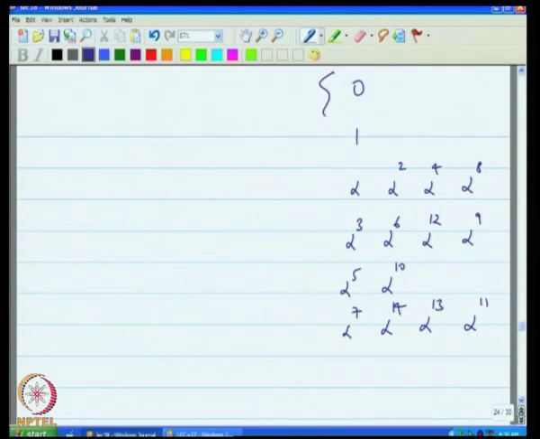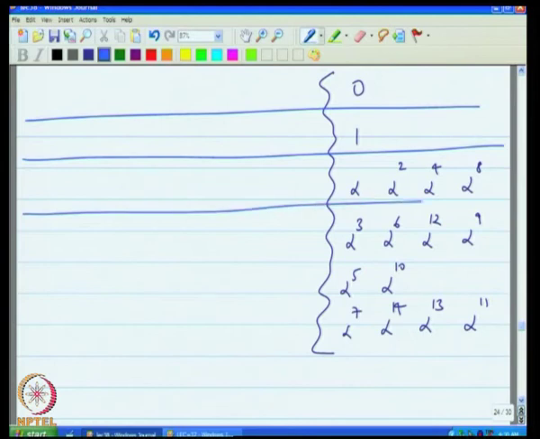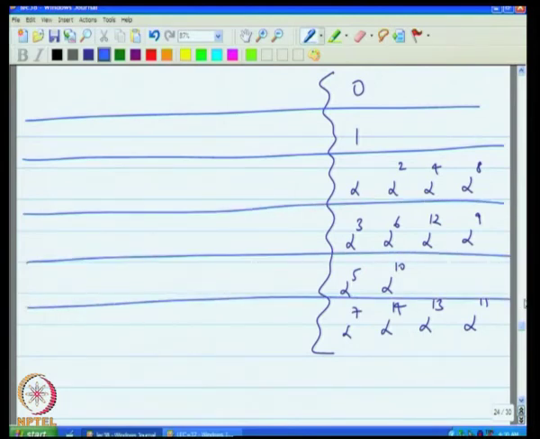So, this is the collection of all elements in the finite field, and at first glance this looks like a rather peculiar way of organizing it. It does not seem to have any structure, but we will actually see what the structure is.